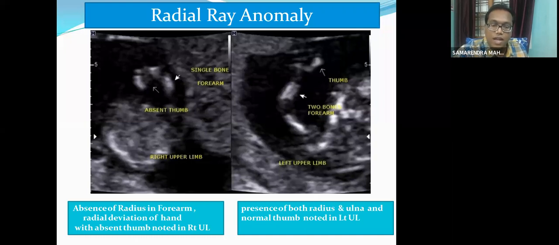Compared to the right image, which shows the left upper limb, the proximal segment humerus is seen. In the middle segment, both the bones are visible, and the part of the hand is also visible. So this is a case of right-sided radial ray abnormality, only one bone with hand deviation.